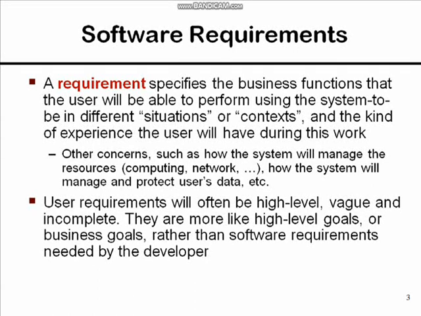User requirements will often be at a high level. They are different from the software requirements needed by the developer. So user requirements are different and developer requirements are different. Developers depend upon user requirements, and as per user requirements the software is developed.